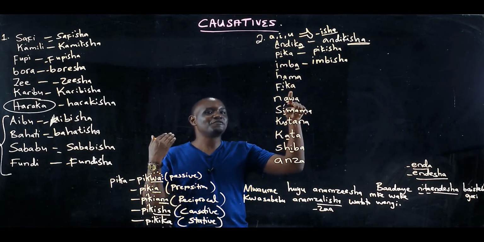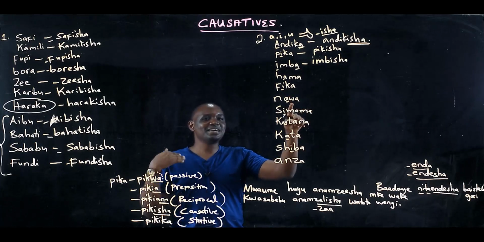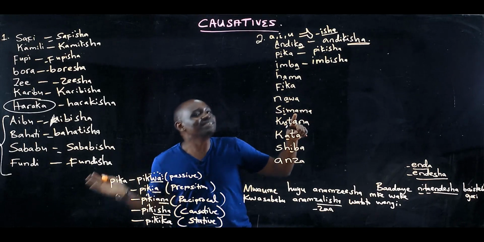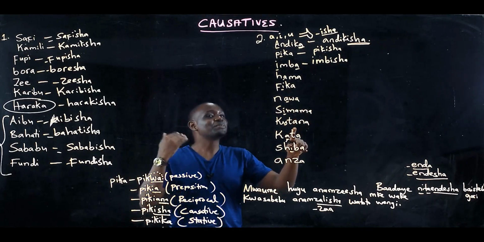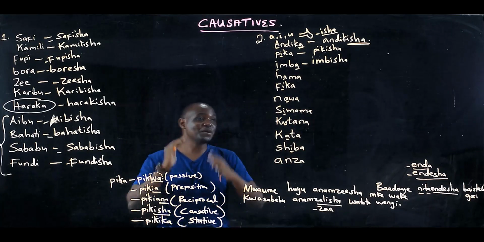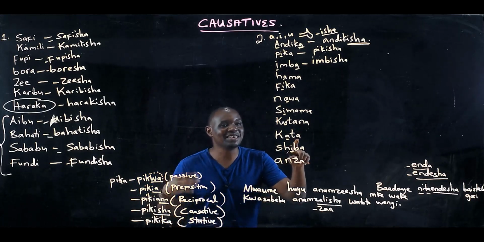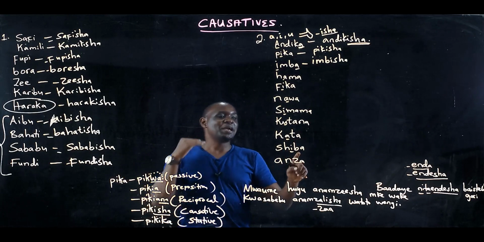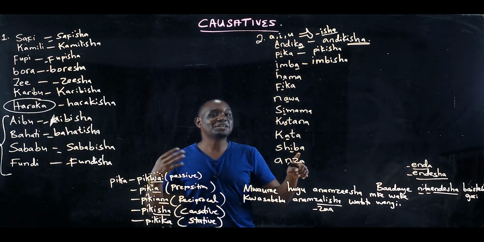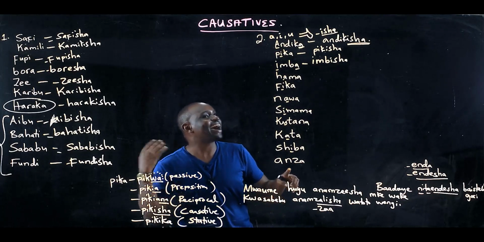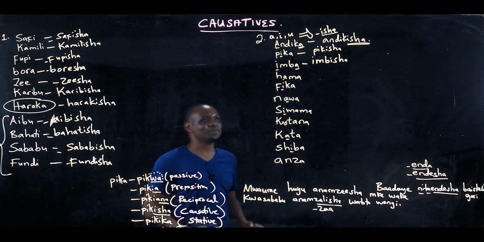Fika will be fikisha. Nawa will be nawisha. Simama will be simamisha. Kutana will be kutanisha. I know you are saying it with me. Kata will be katisha. Shiba will be shibisha. Anza is, say it. Anzisha. I know you know.